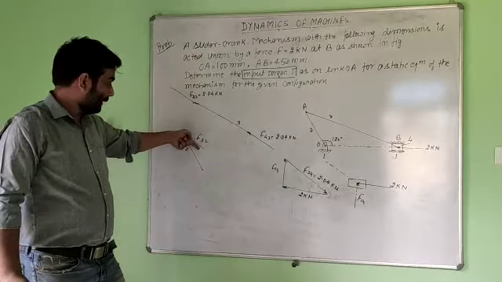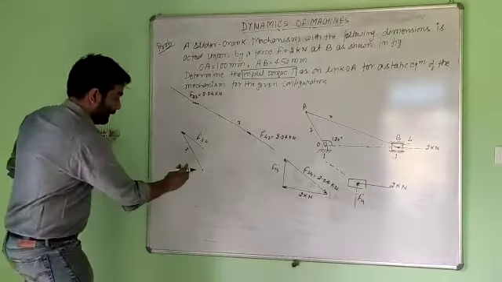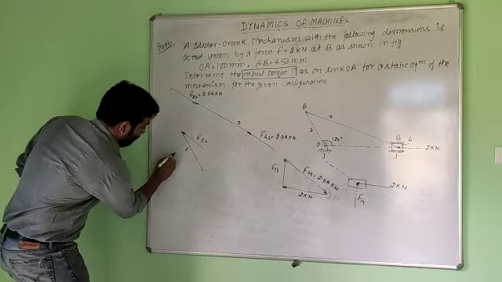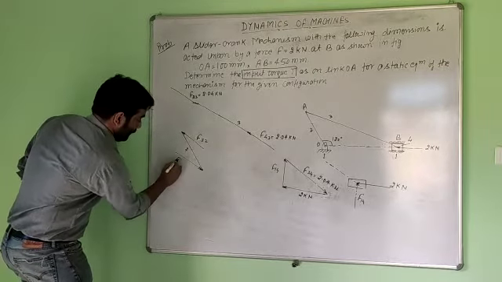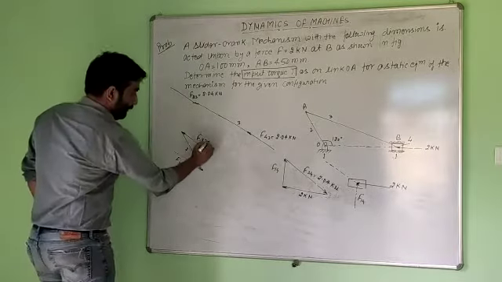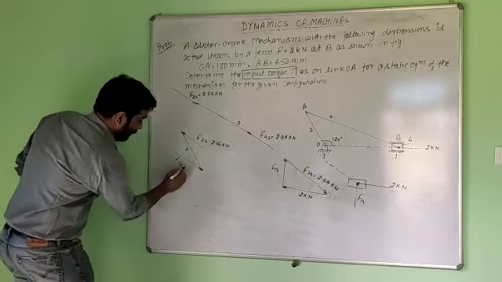The force will be parallel to this force and opposite in direction and will act at point O. This one will be equal to F12, equal in magnitude, 2.04 kilonewton.